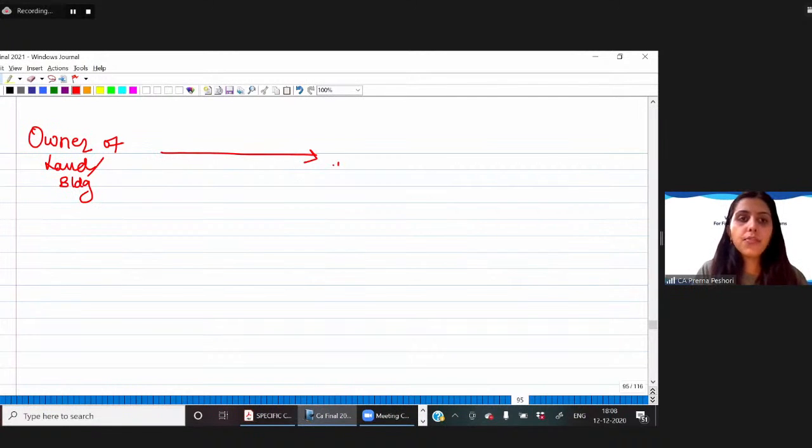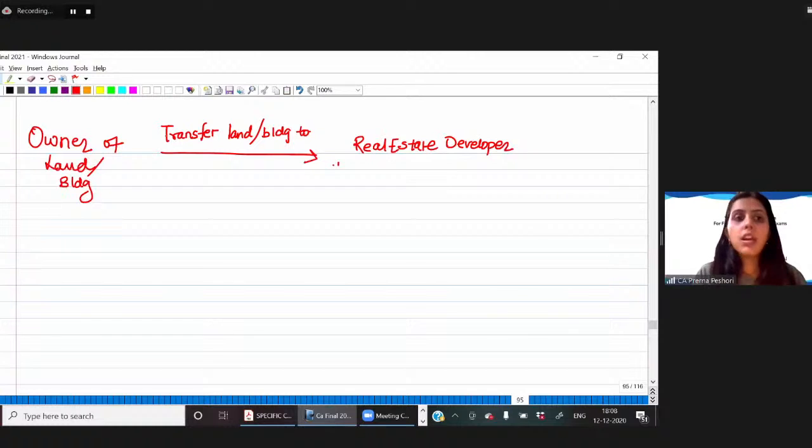He would transfer land or building to the real estate developer under a registered agreement.